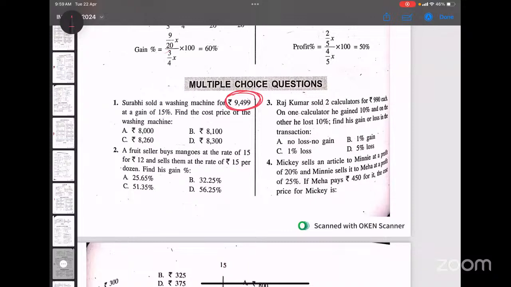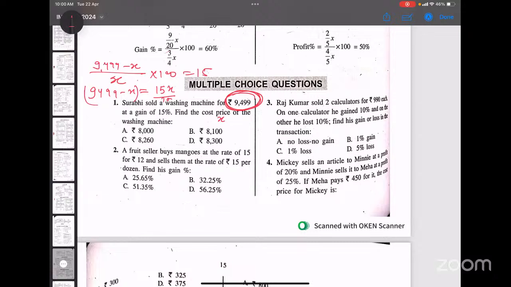So it means if its cost price is X units, 9,499 minus X will be the profit, divided by X into 100 will be profit percent, that is 15. If you simplify it, this will be 9,499 minus X equals 15X divided by 100.